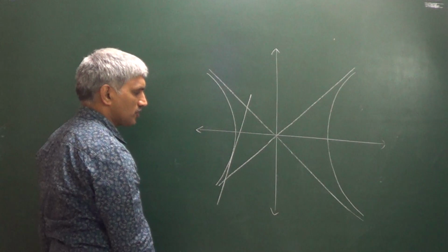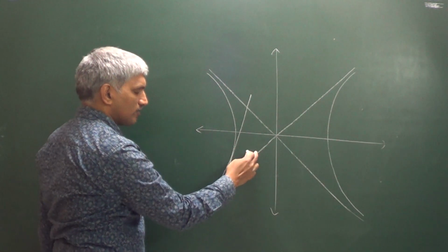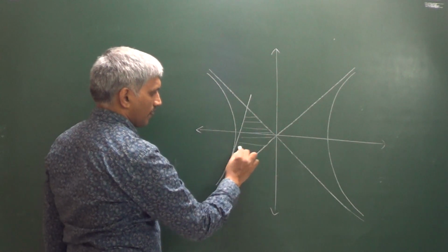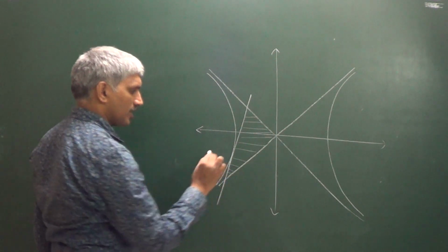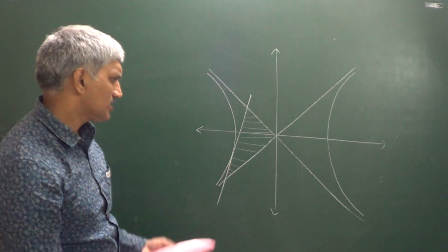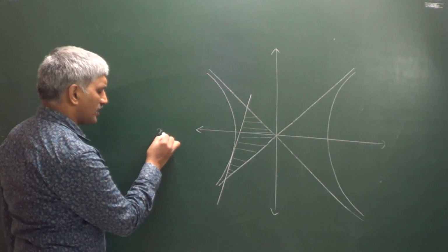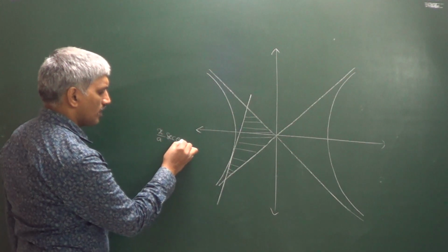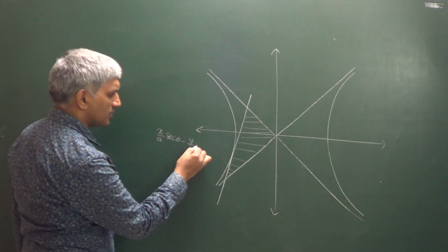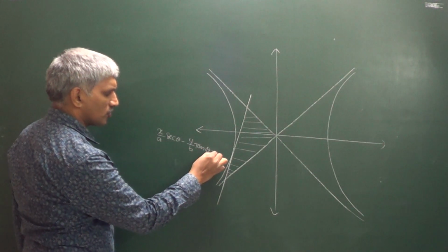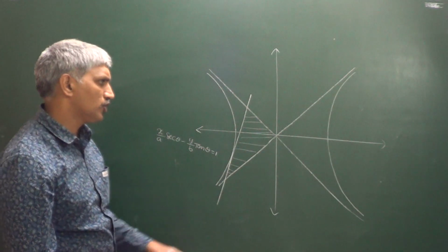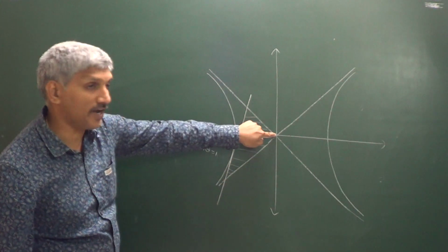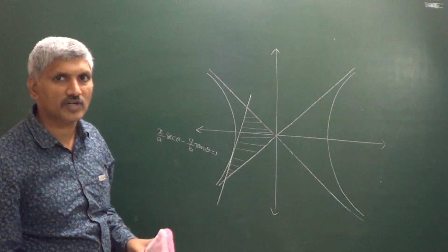Now with the help of this tangent and the two asymptotes, we are getting a triangle or not? This triangle area. Yes, we can find the equation of the tangent as (x/a) secant theta minus (y/b) tan theta = 1, and you know the equations of the asymptotes. Finding the points of intersection, we can find the area of the triangle.